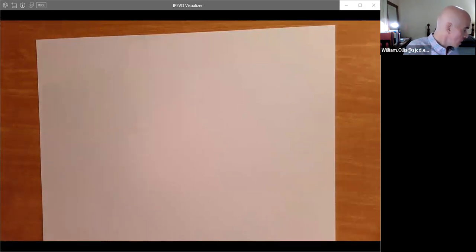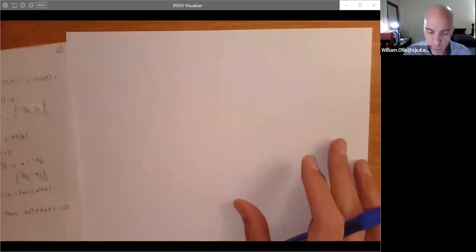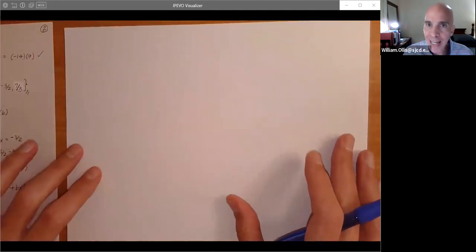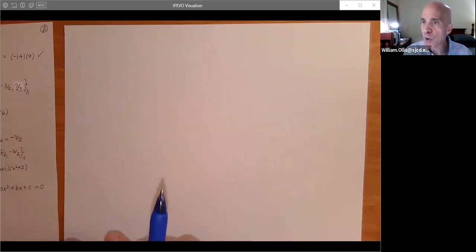Now, what I wanted to say here, there was an example that a student asked about. Remember, before I did the quadratic formula, I gave you that really neat way to factor fourth degree polynomials with the trick of creating a perfect square and then treating it as a difference of two squares.